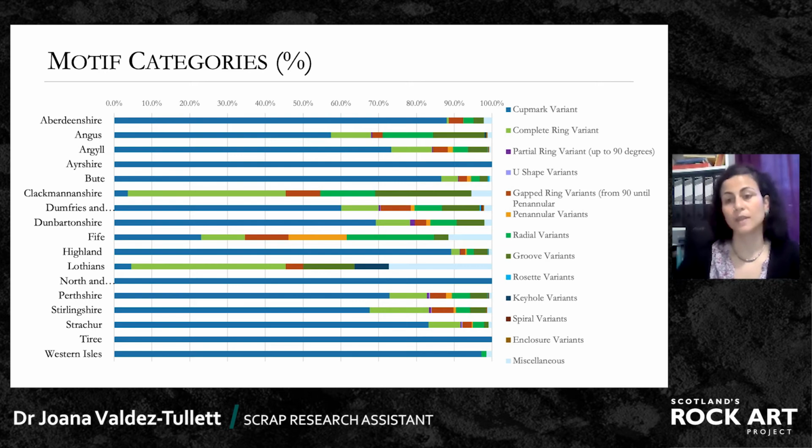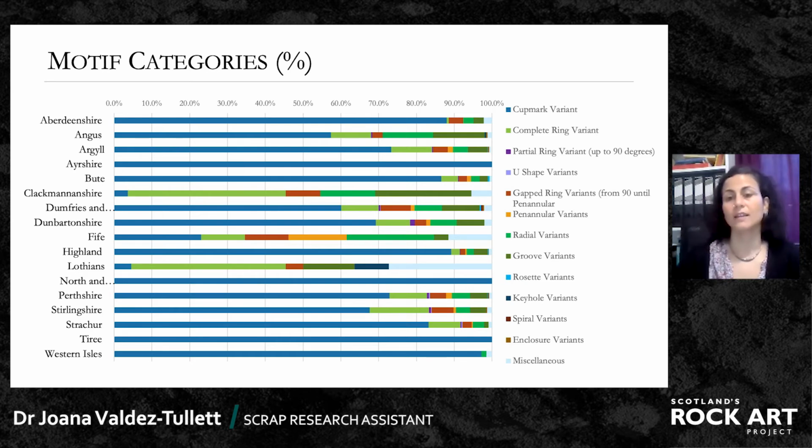However, if we zoom into these regions, we can see that, for instance, in the Highland, in terms of percentages, there is an overwhelming presence of cup marks and only a small number of other motif types. And this is obvious from Alan Thompson's talk today, but we also have all these differences that we have to look into.